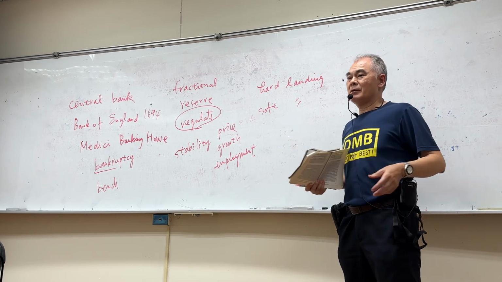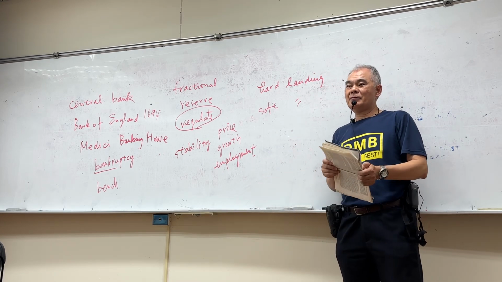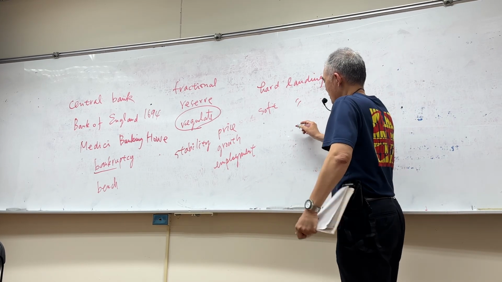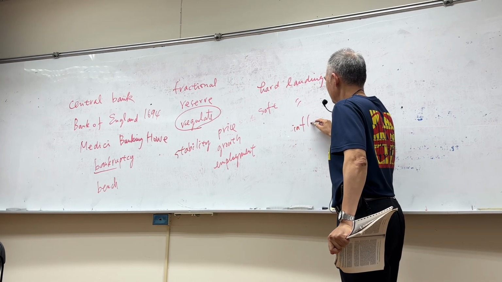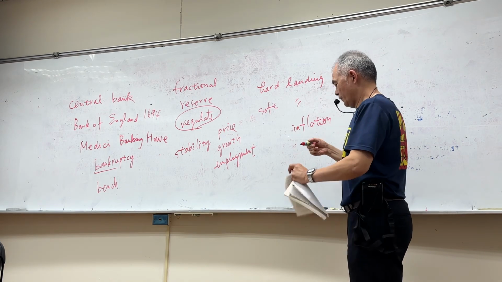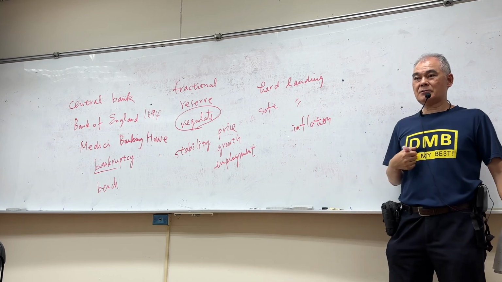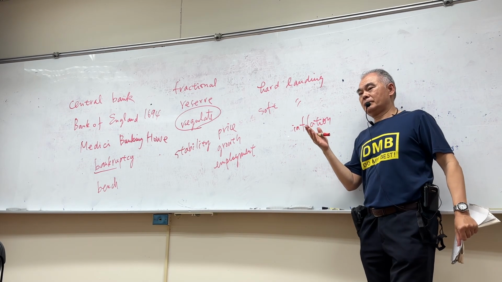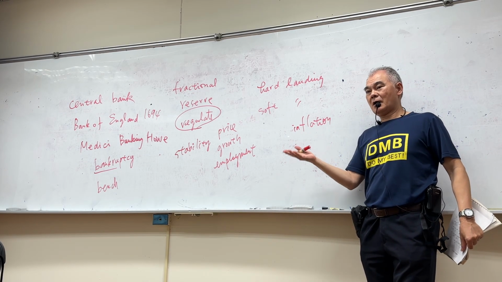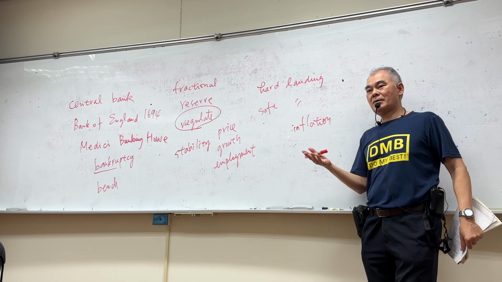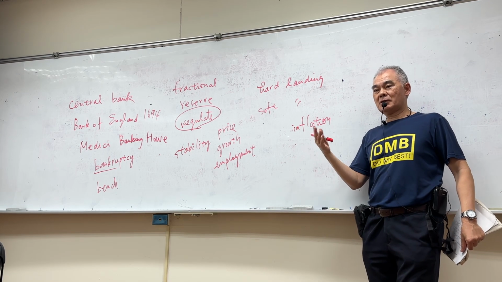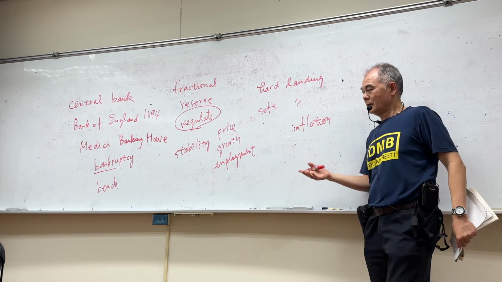So for example, 2 years ago we have inflation, right? Okay, we have inflation. Inflation is not good because it makes people living harder, okay? Because the same amount of money, you get much less goods with your money.